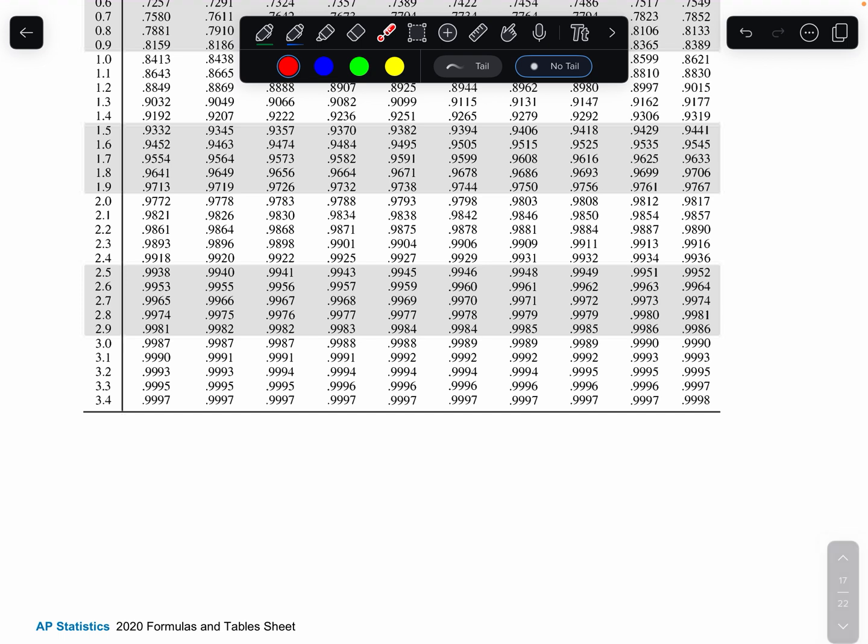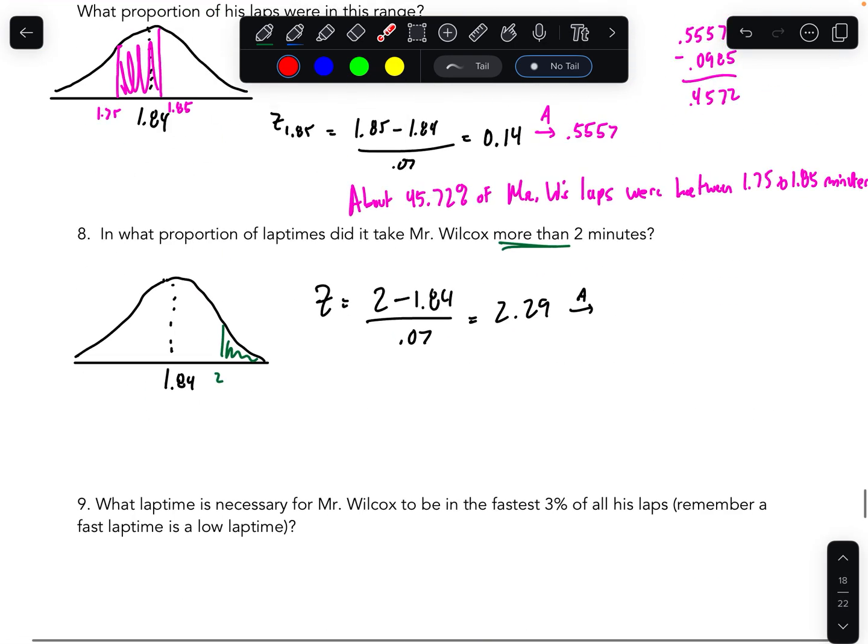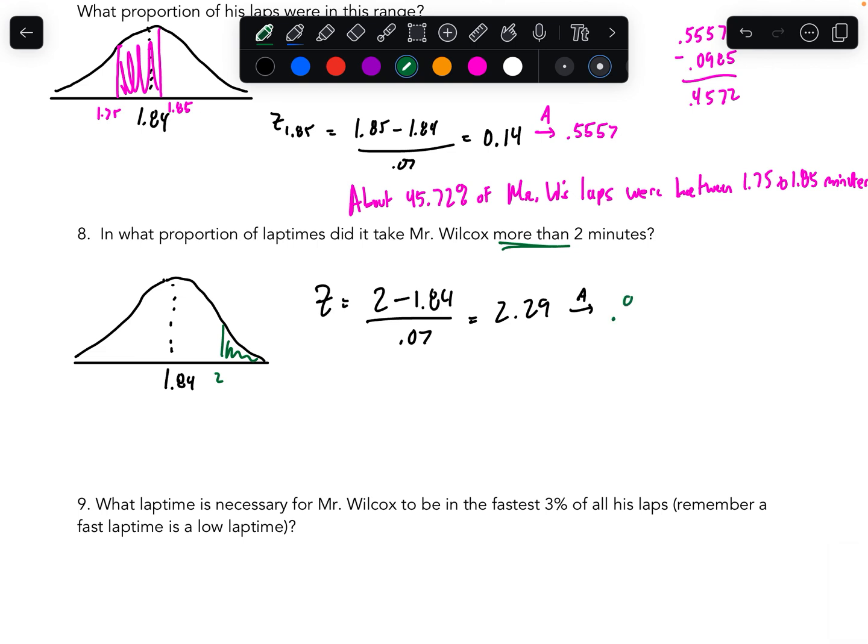2.29. So I'll get all the way to the end. So we're at 0.9890. And so we're going to take 1 minus that, which is going to be 0.0110.